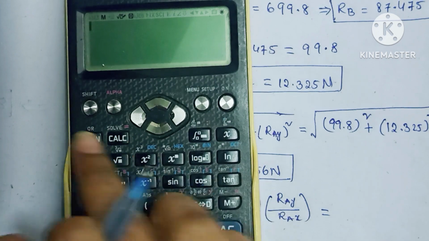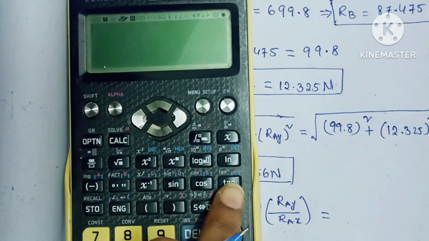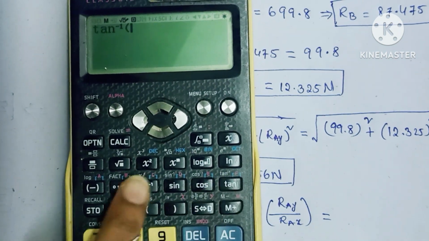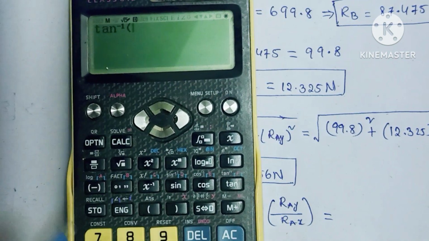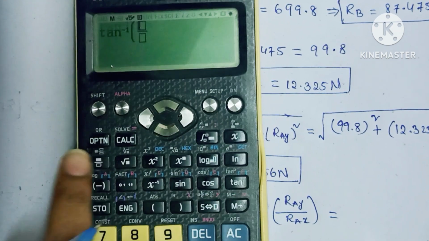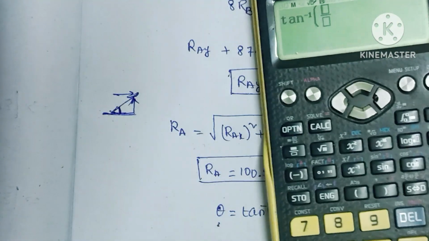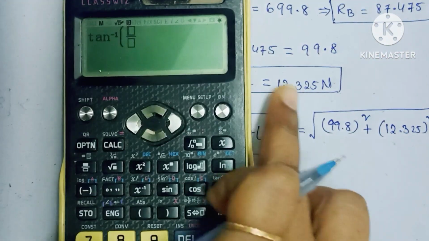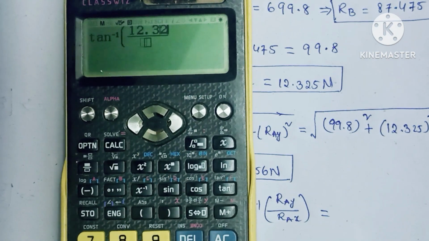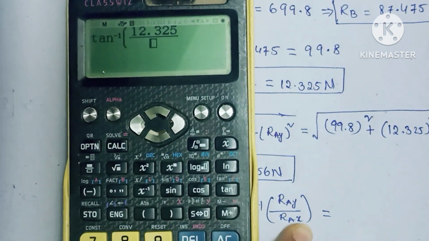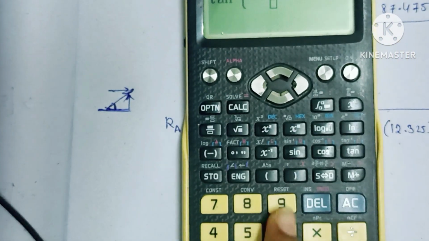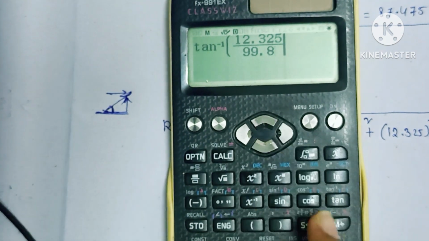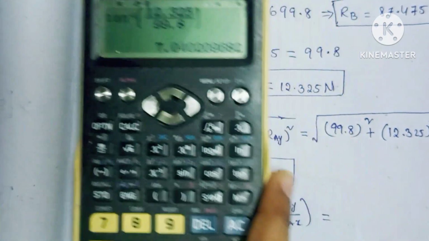For tan inverse we need to click shift and tan on the calculator. So we need RAY by RAX, which is 12.325 divided by 99.8.